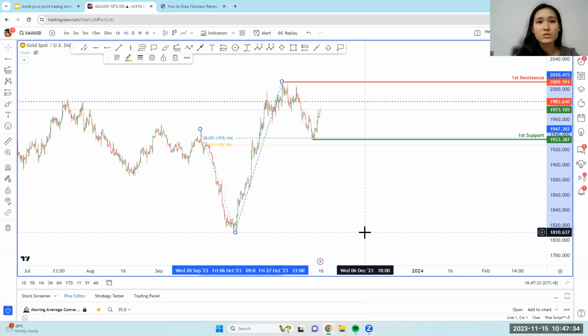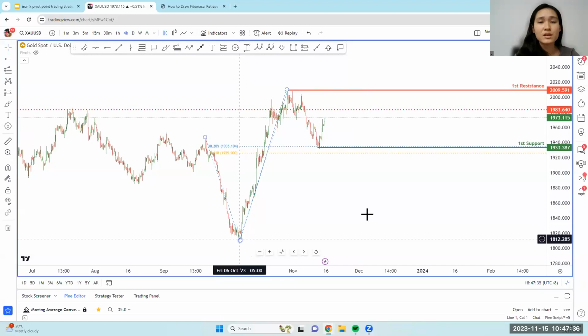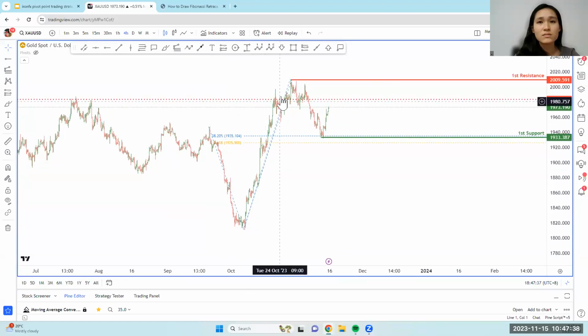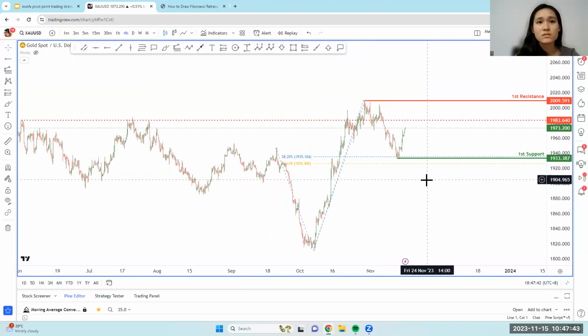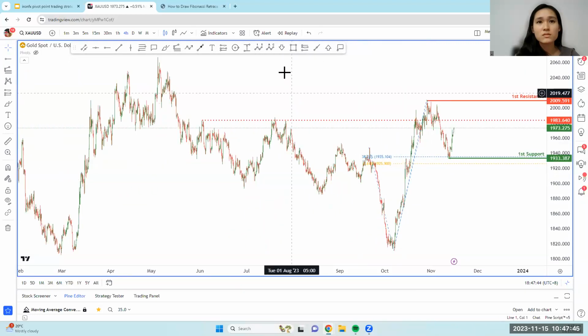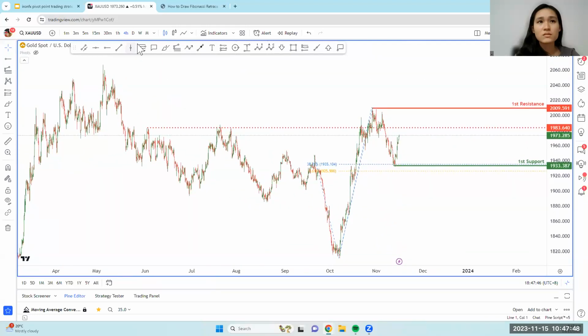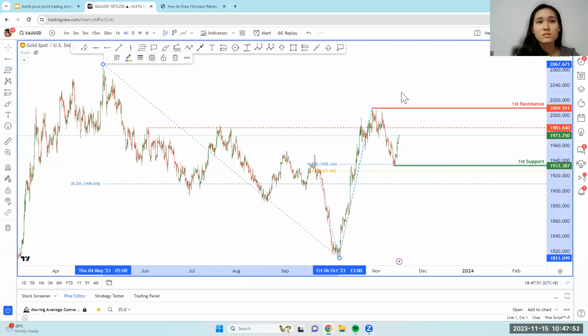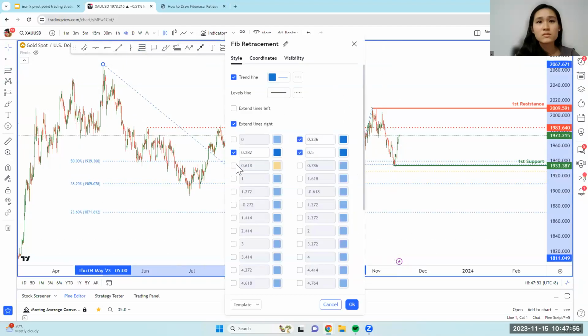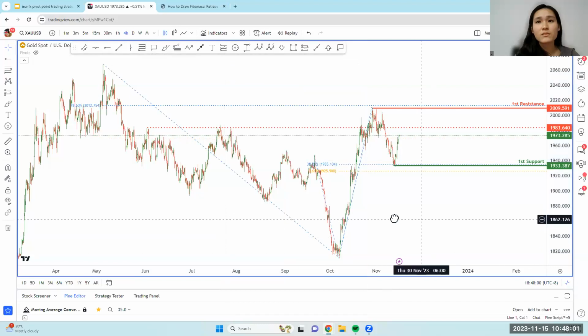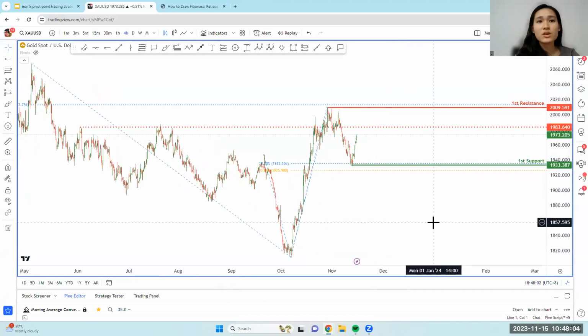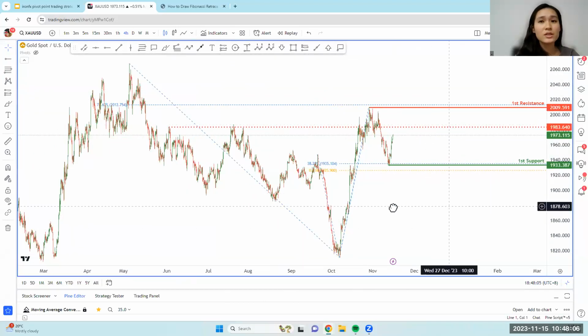My 61.8 also lines up nicely. My 78.6 lines up. I think that's all the levels that we have.